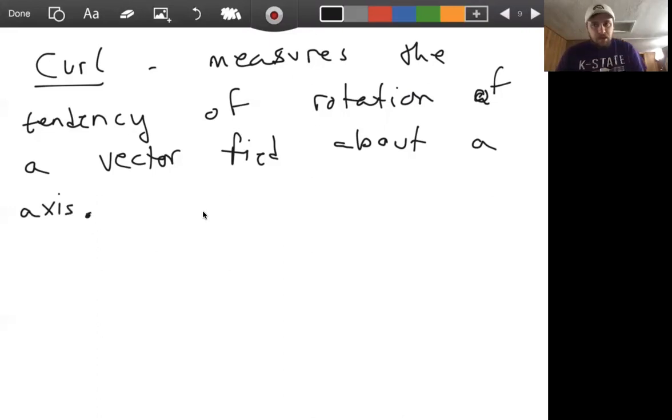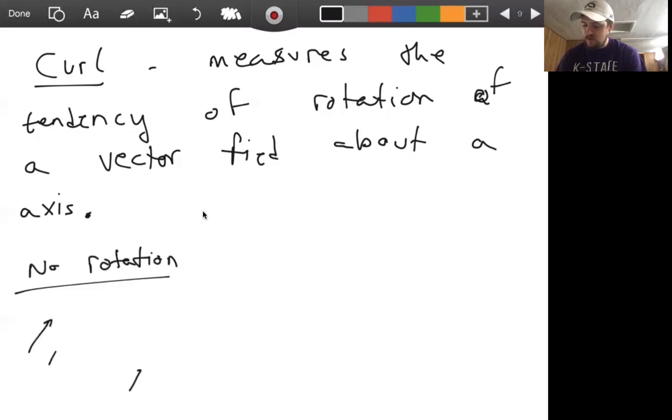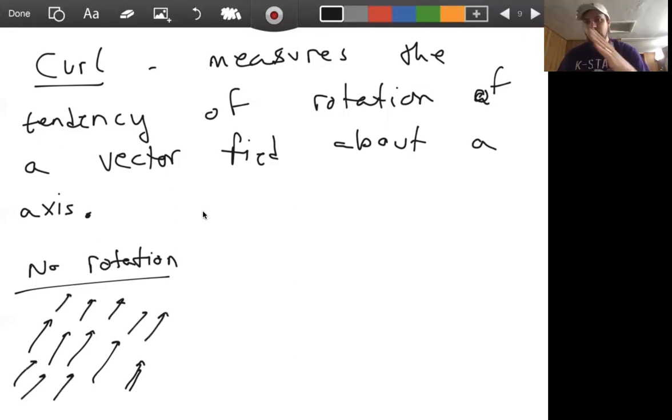And so we've seen plenty of examples of vector fields that don't really exhibit any sort of rotation to them. We have examples of vector fields with no rotation, where a perfect example is a constant vector field. There's no sort of rotation going on here. Everything is purely directed linearly, right, for a constant vector field.